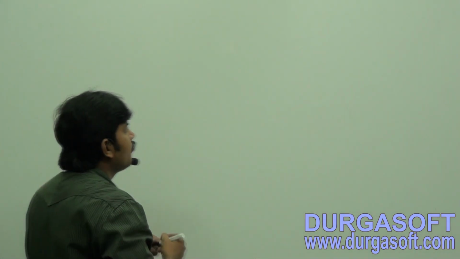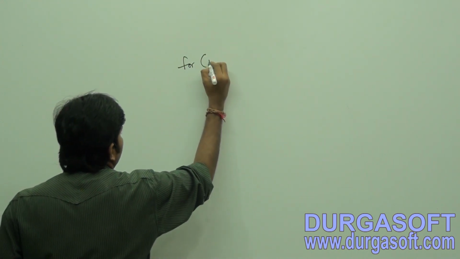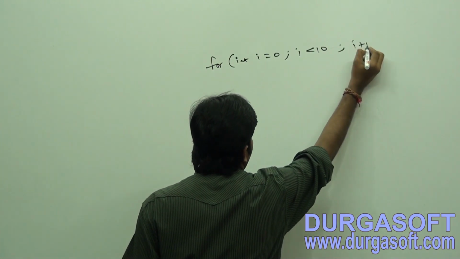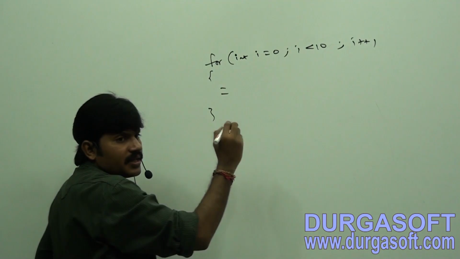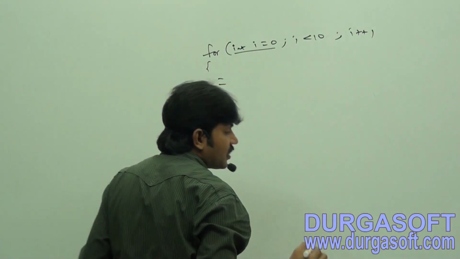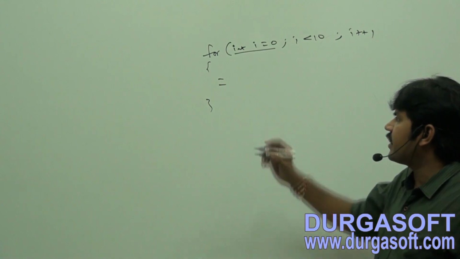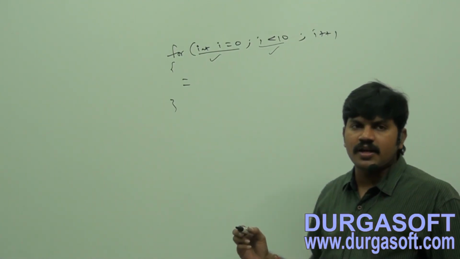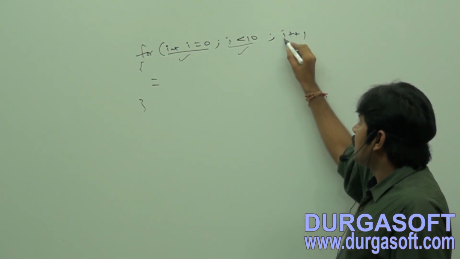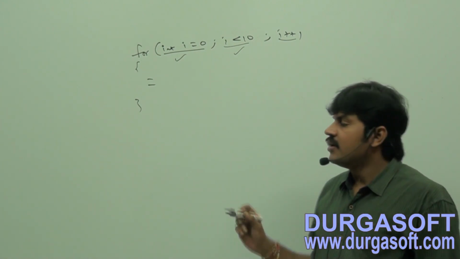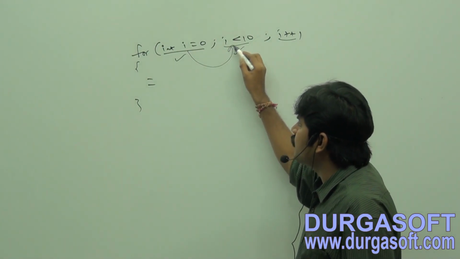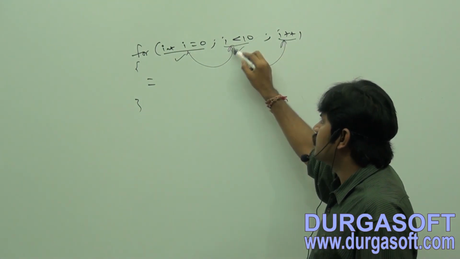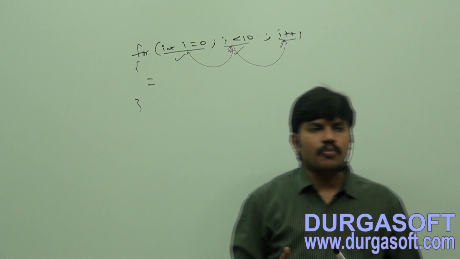Sir, here if we consider for int i = 0; i < 10; i++, in the initialization section anything you can take including SOP. Here any Java expression you can take, but it should be of Boolean type. Here anything you can take including SOP. Is there any dependency between these? No, independent statements you can take, no problem.